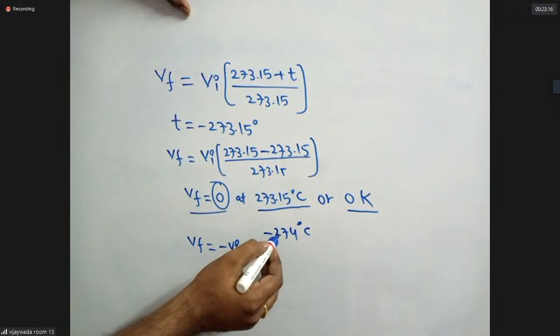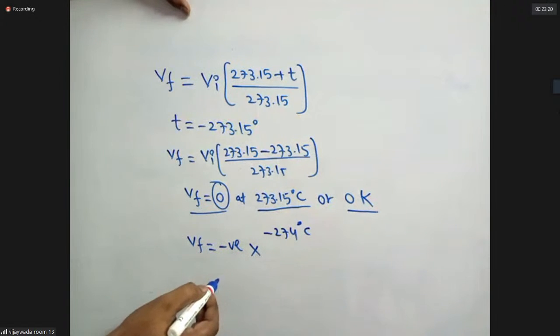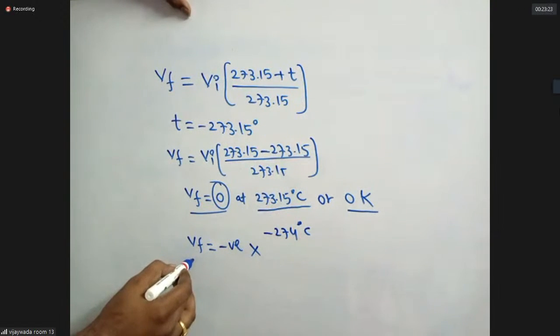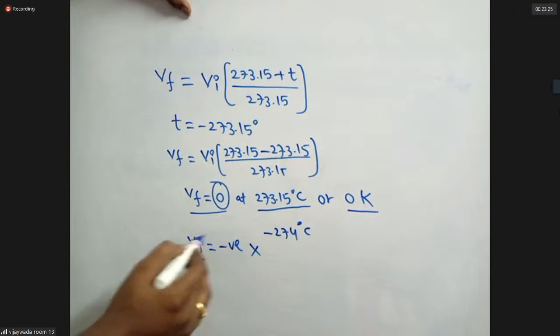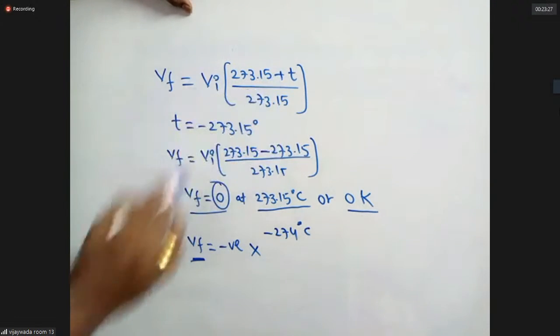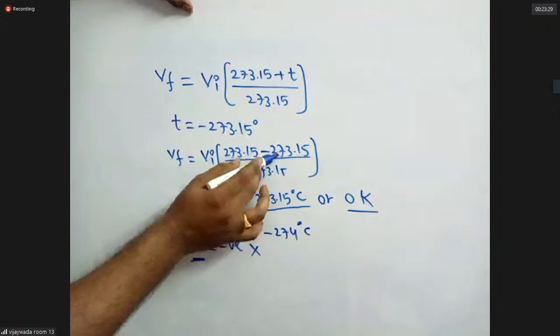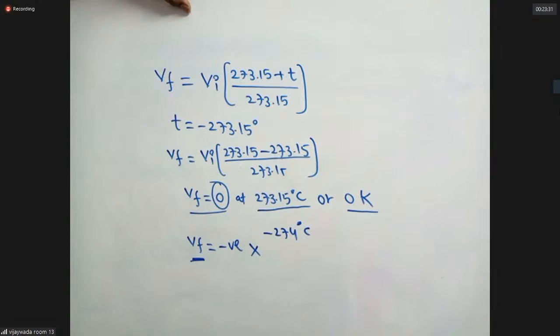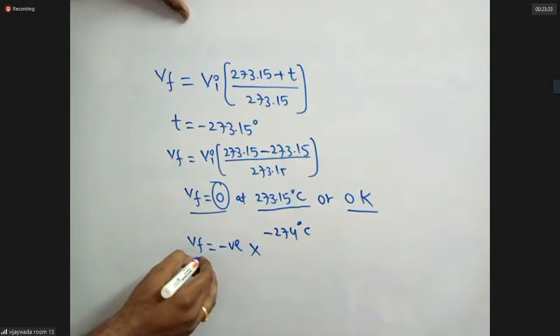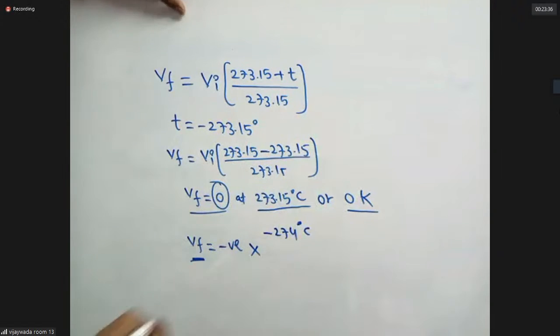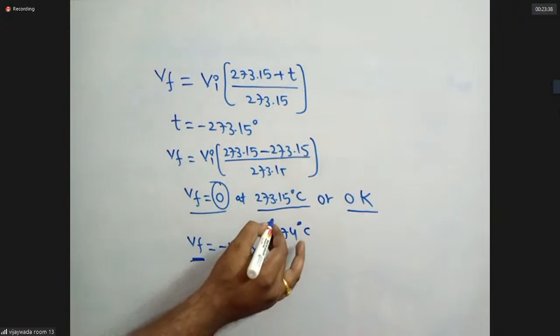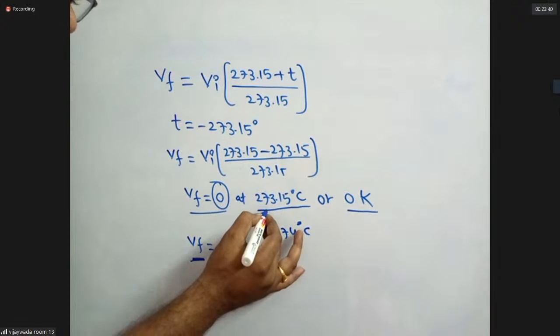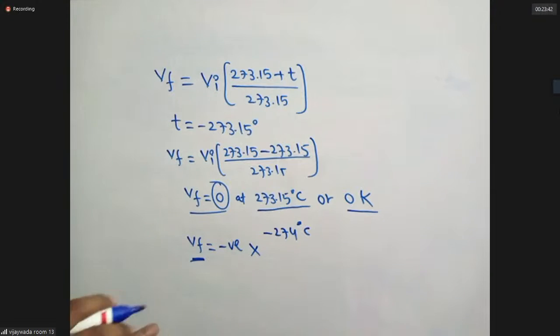If you take less than minus 273 degrees Celsius, you will get the volume of gas as a negative value, which is meaningless. So less than minus 273 is impossible. That is the final temperature for any kind of gas.